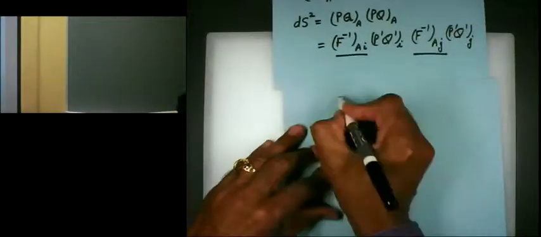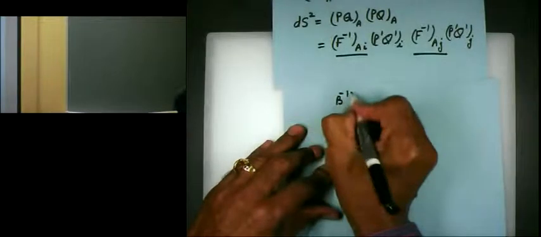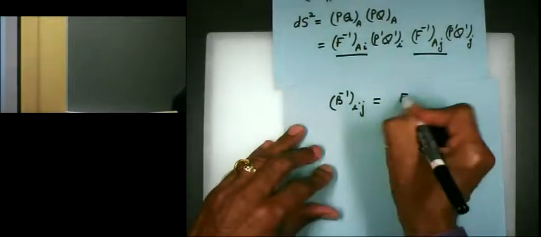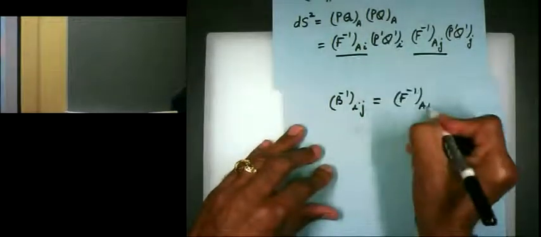So we can say that we are defining B inverse ij as F inverse Ai, F inverse Aj.